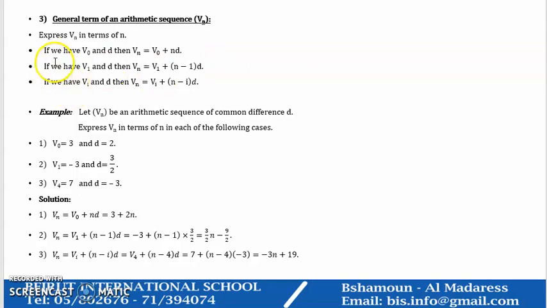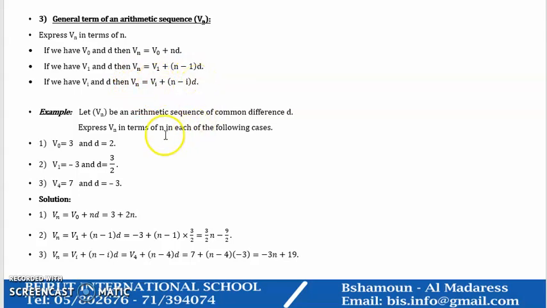Now, if we start the sequence by v0, if the first term of the sequence is v0, then the general term of this sequence is vn equal v0 plus nd. If the first term is v1, then vn equal v1 plus n minus 1 times d, and if we have vi, as I said before, it can be v5, v4, v7, even v0, then the general form is vn equal vi plus n minus i times d.